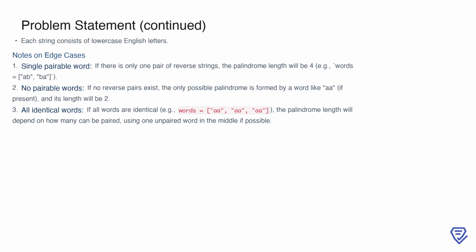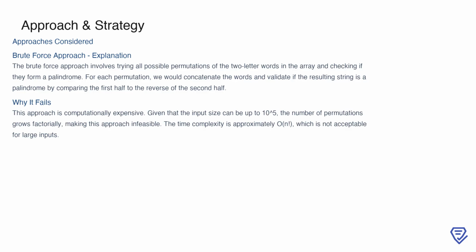When tackling this problem, one approach we might consider is the brute force method. This involves trying every possible permutation of the two-letter words in the input array, concatenating them in different orders, and checking if the resulting string forms a palindrome. To validate if a string is a palindrome, we compare the first half of the string with the reverse of the second half.